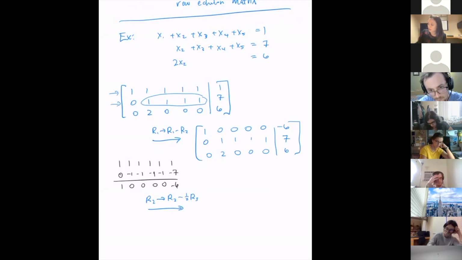Okay, so 1/2 row 3 is, first copying this one down, 1/2 row 3 would give me 0, 1, 0, 0, 0, 3.